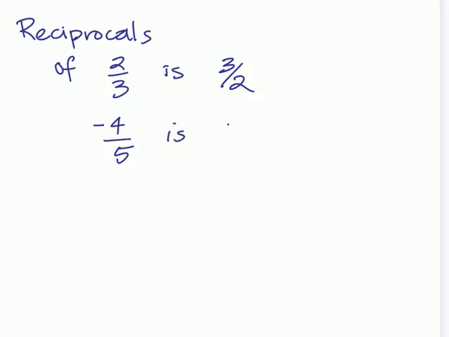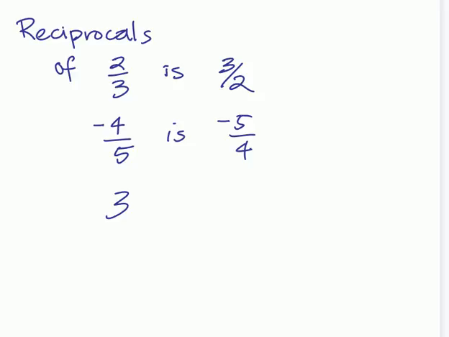For example, the reciprocal of 2/3 is, flip those guys, 3/2. The reciprocal of negative 4/5 is negative 5/4. And I'll talk about that floating negative shortly, but we can just flip them, and if one's negative, the other's negative. So what's the reciprocal of 3?